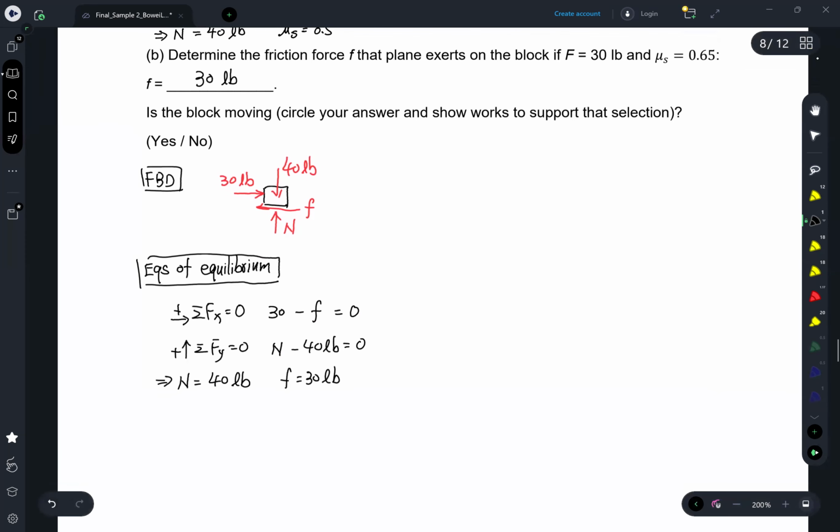So the problem is asking whether the block is about to move. We are going to check that.